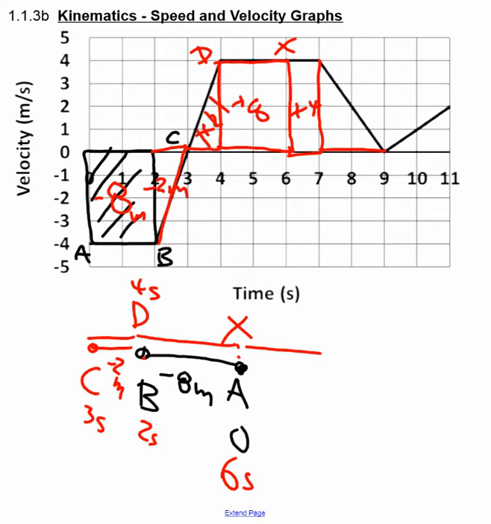This area is going to be 4 by 2, 8 divided by 2, +4. And then this would be 2 by 2, 4 divided by 2 is 2 meters.